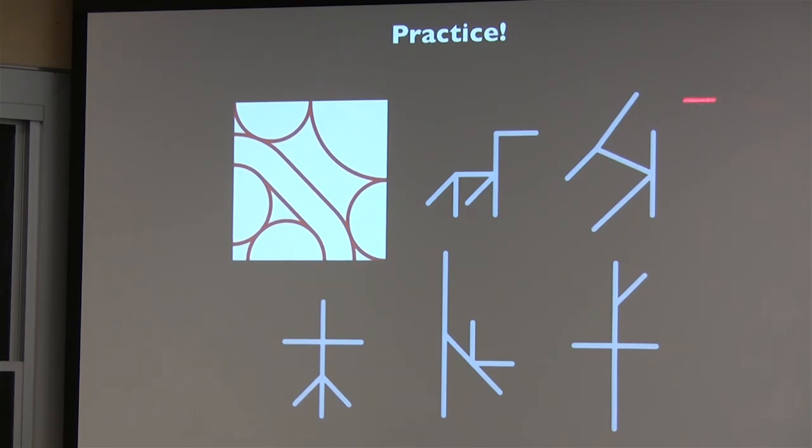Everyone see that? How about this one? No, for a number of reasons that I won't go into. How about this one? No. Again, the distances and the topology are wrong. This one? No. This is actually one of the trees from the slide before. And this one? Yes.